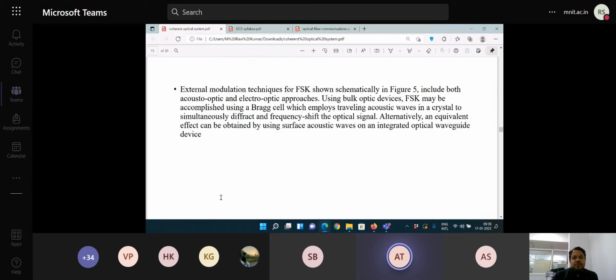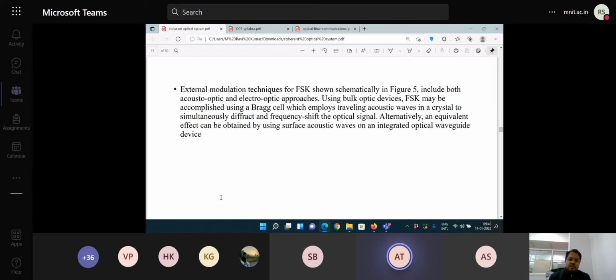So frequency shift keying can also be done with external modulation, and this can be implemented by using electro-optic approach or acousto-optic approach. So if you're using a Bragg cell, then traveling acoustic waves in a crystal can diffract and change the frequency of the optical signal. So I believe you're already familiar with Bragg diffraction, right?